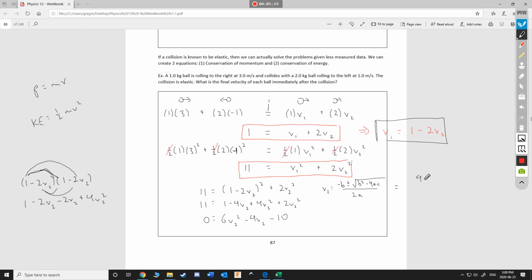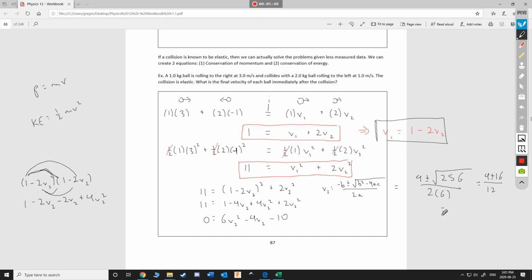So I get 4 plus or minus the square root of 4 squared minus 4 times 6 times negative 10. So 256. The square root of 256 is 16. All over 2 times 6. So we get 4 plus or minus 16 over 12.